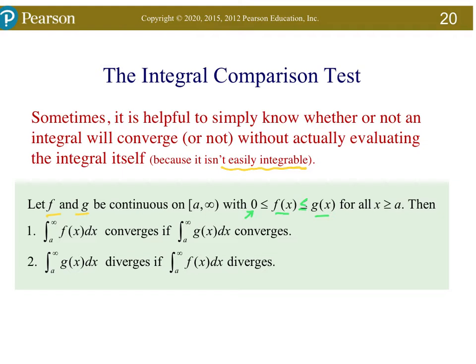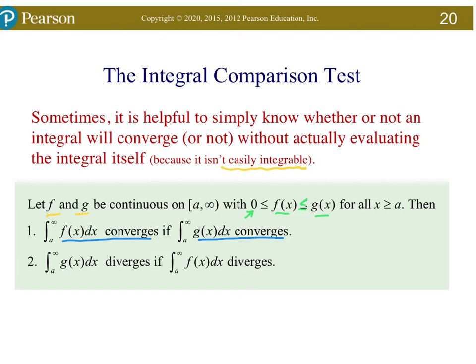Then the integral comparison test says you can compare their integrals. And you can determine that the smaller function will converge if the larger function converges. So if you can prove the larger function converges, then the smaller one must converge also.